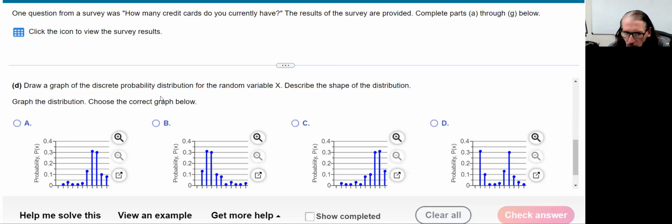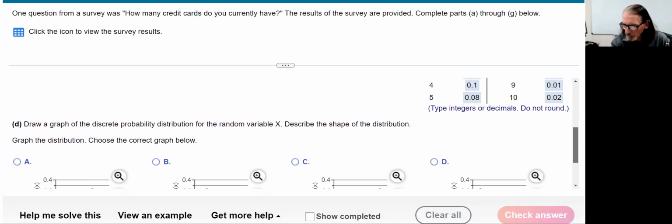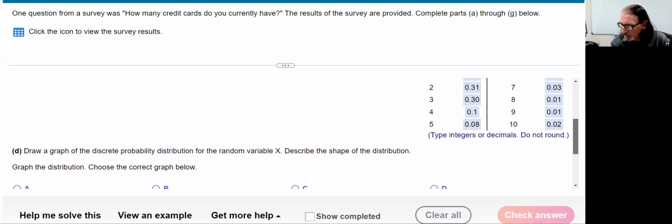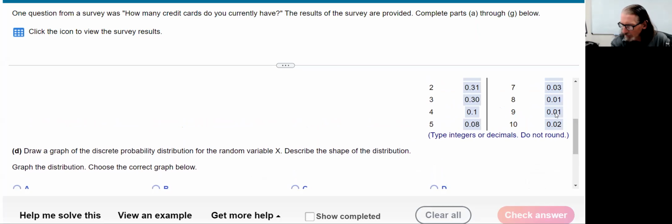As for the graph of the discrete probability distribution, where X is counting the number of credit cards with scores being counting numbers from 1 to 10, you should look more carefully. But I remember at the end there that we had something like a 0.03, 0.01, 0.01, 0.02.